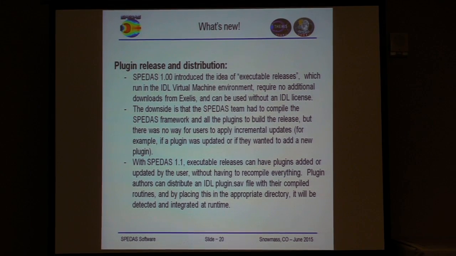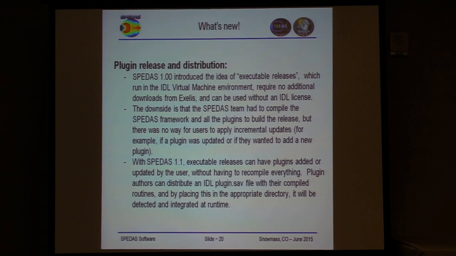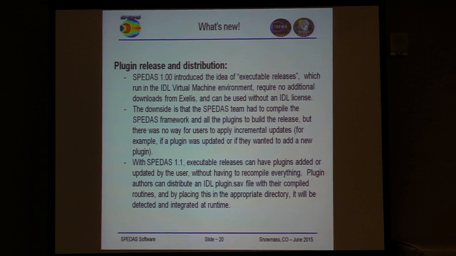So we compile this whole environment, the framework plus plugins, down to a save file, which is generic, but to make the actual executable files, we have to do it on every platform that we support. So we've got support for Windows, Mac OS, and Linux. I don't think we actually do Solaris executables.